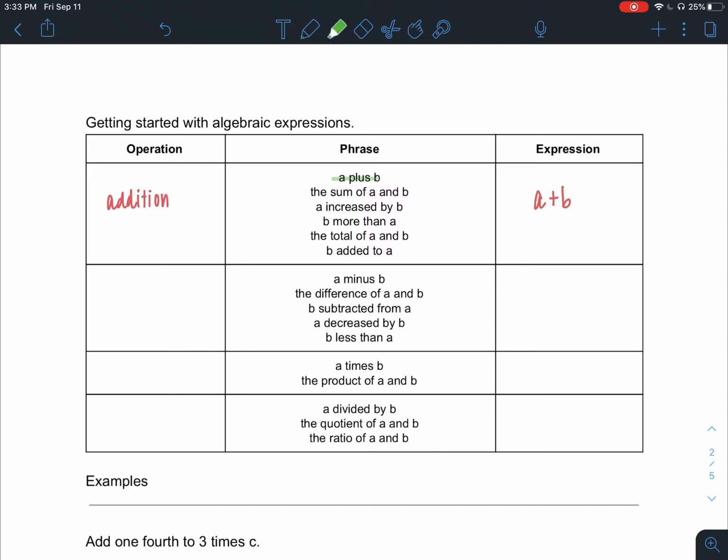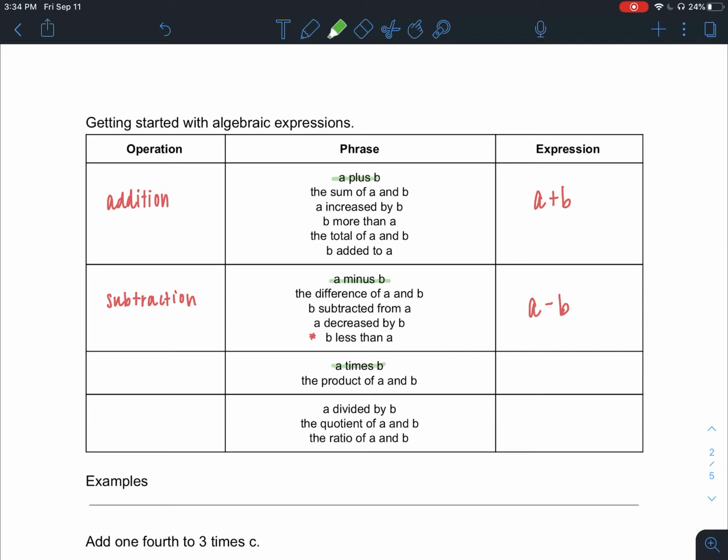Next up, we have a minus b. This one's a little bit trickier, especially when it says things like b less than a. That's a frequently missed one right there. That means if we have a and we're less b, then that's a minus b. Those all mean the same thing. So make sure you look at those as you're doing these problems. And of course, that's subtraction.